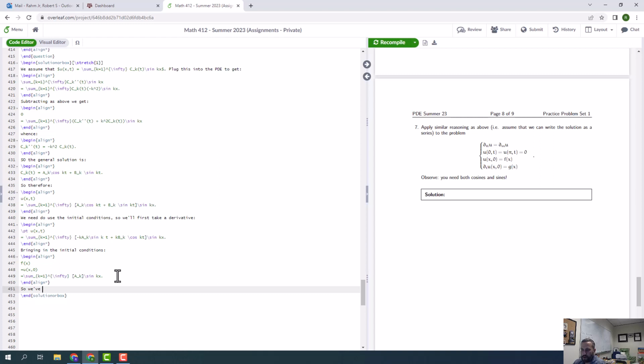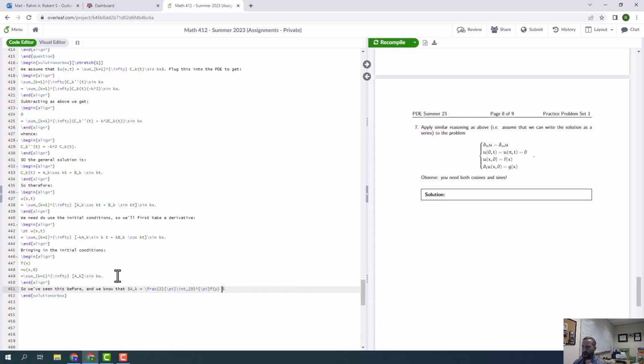We've seen this before many times, and we know that a_k is equal to 2 over pi times the integral from 0 to pi of the initial function.